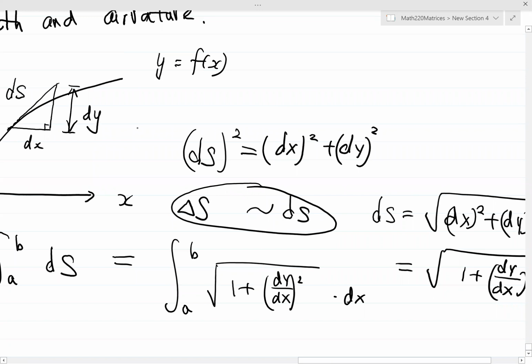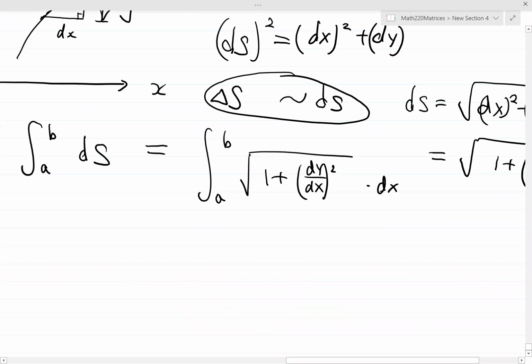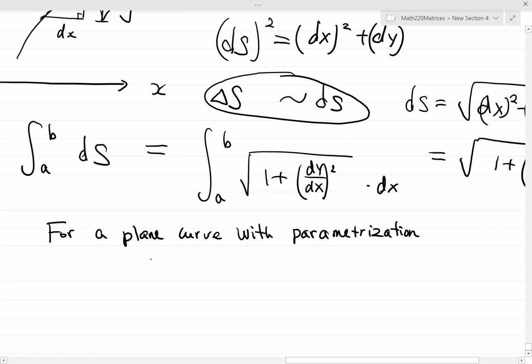Now, if you have parametric form, a plane curve with a certain parametric relation, for instance y equals f(t), x equals g(t), from a to b.